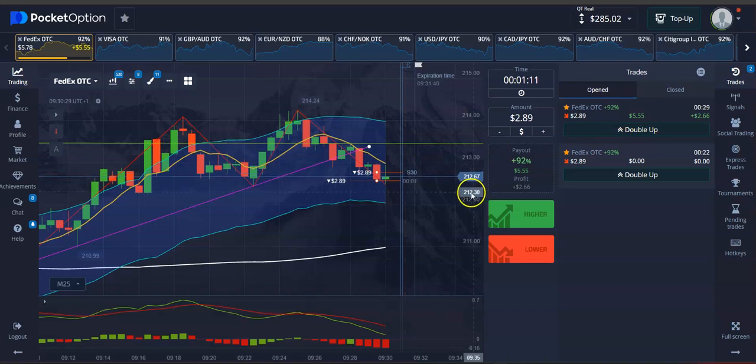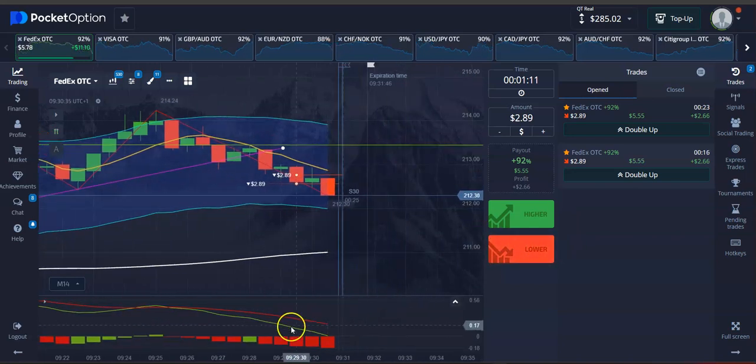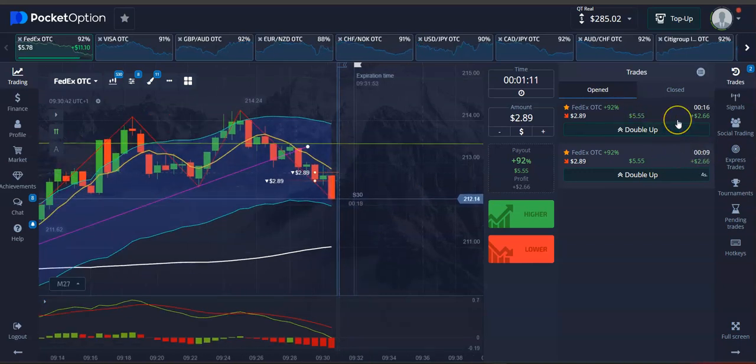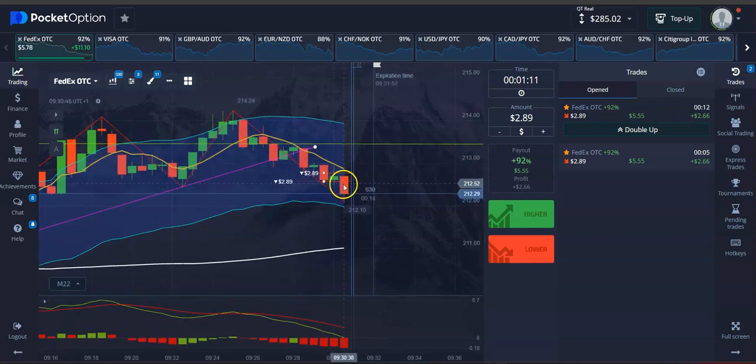You got 2 trades going on. I still believe that the price is going to have a continuation to the downside, and red bars are starting to appear. Okay, we got 13 seconds on the first trade, 17 seconds on the second trade, and we got a bearish big candle right there, 3 seconds.